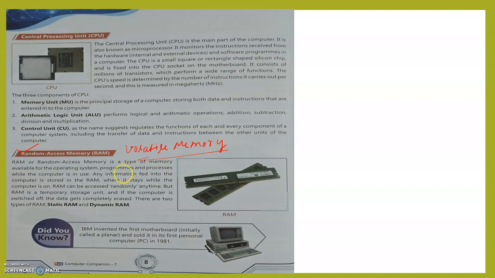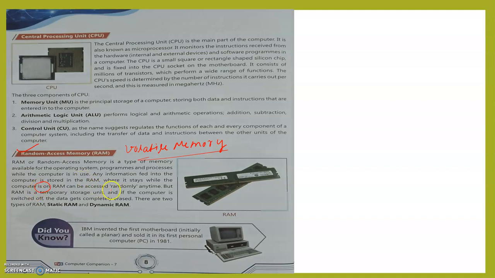So you cannot access the data when the computer is turned off, because RAM stores the data on a temporary basis. Clear? Any information fed into the computer is stored in the RAM where it stays while the computer is on. You can access the data until the computer is on.